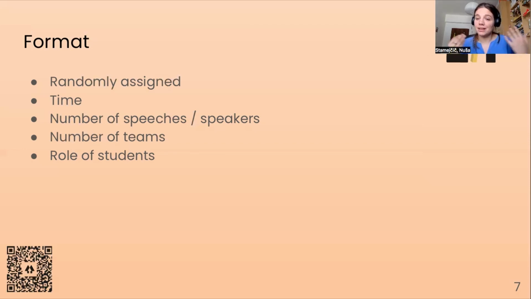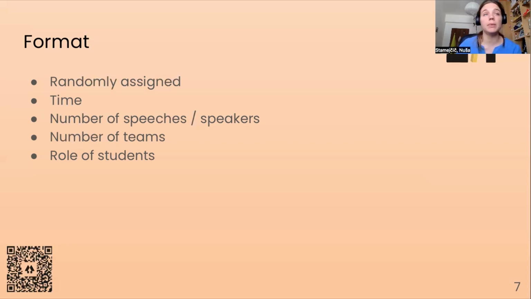Every team can have one or more speakers, and it depends entirely upon your choices, and your classroom size, how many those would be. Not all members of a team need to speak, right? So you can have some of them plan speeches, you can have some of them develop arguments that others then deliver.